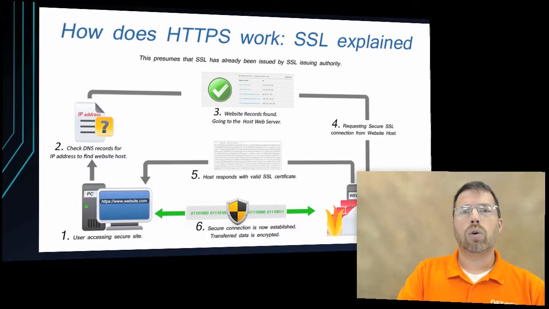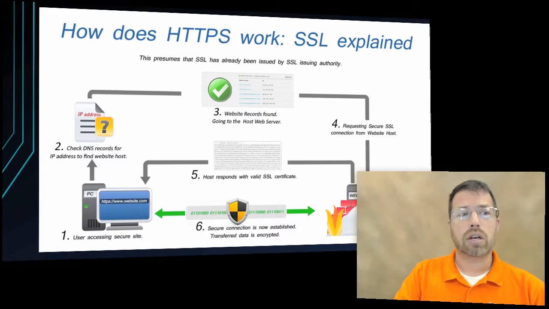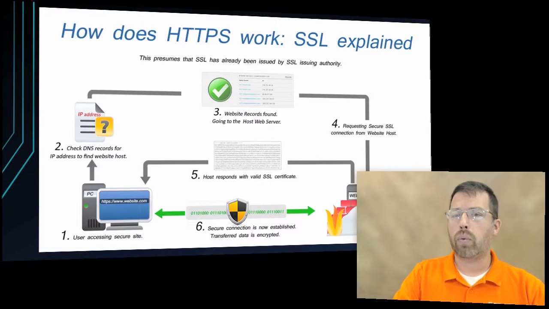With SSL, we're not actually secure until the transmission is established. So we can see here over in diagram 1 or picture 1, we're going up, we're asking for a connection, we're going up and over to where we have our web host in item number 4, and we're trying to establish that connection.